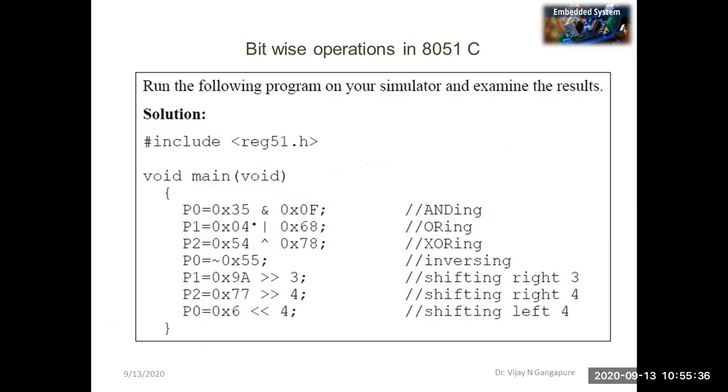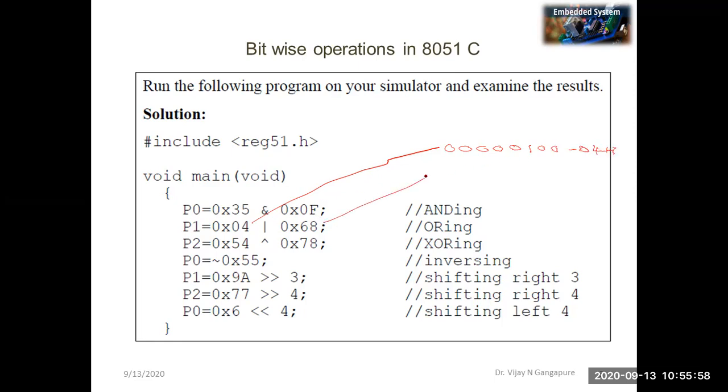Now we will perform this bitwise OR operation. This data is 0 0 0 0 0 1 0 0, so this is 04H.